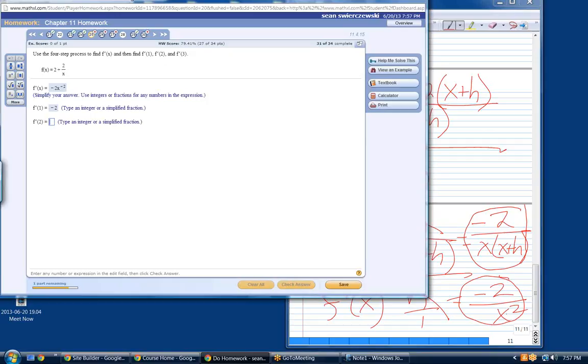F prime of 2, what did I say that was? -2/4, so that's -1/2. You could probably just do 0.5, if not the fraction ones up there. And -2/9.